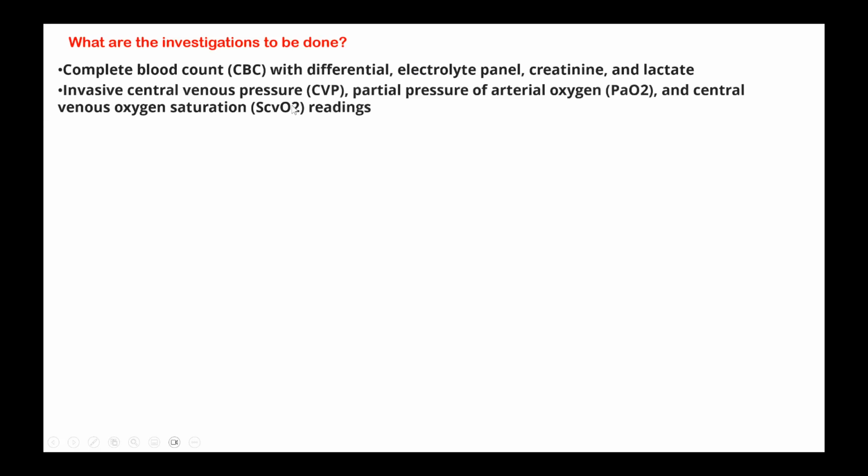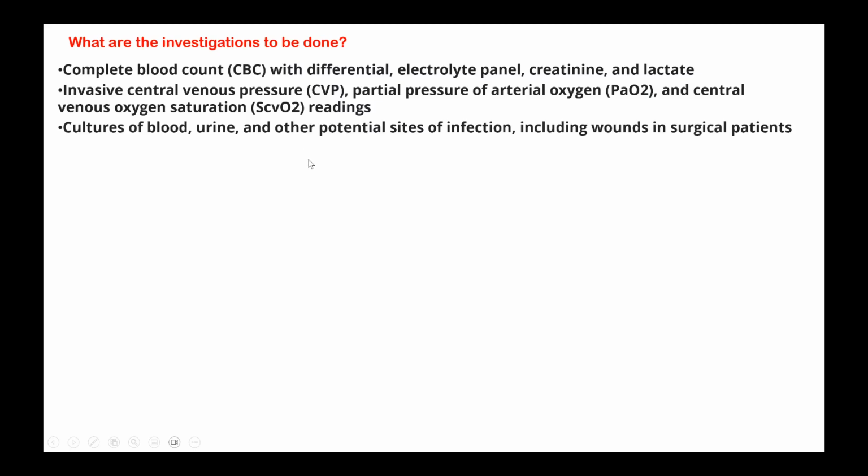Invasive central pressure and partial pressure of oxygen will also be low. With the venous oxygen saturation, more extraction will happen, so you will find the venous oxygen level will be much less. And cultures of blood, urine, and other potential sites of infection will show the presence of any organism which has invaded.